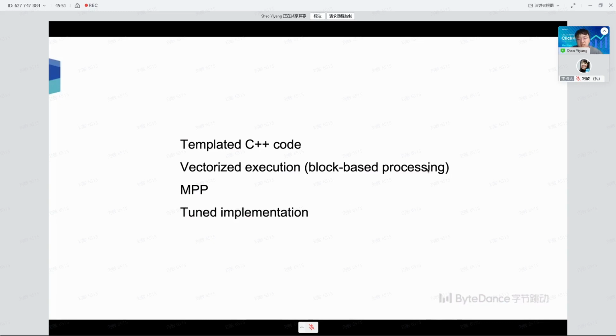So based on these details and the overall architecture, the whole ClickHouse engine can process queries super fast, faster than most of the DBMS you have seen on the market.